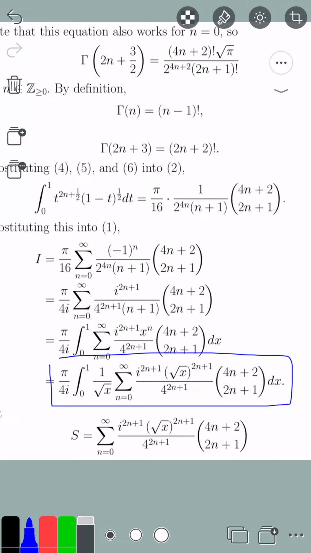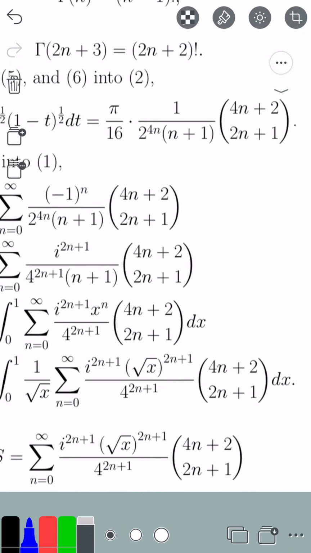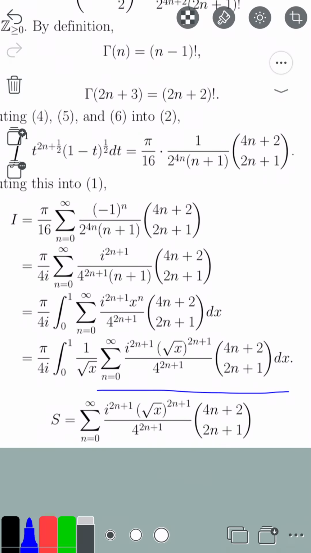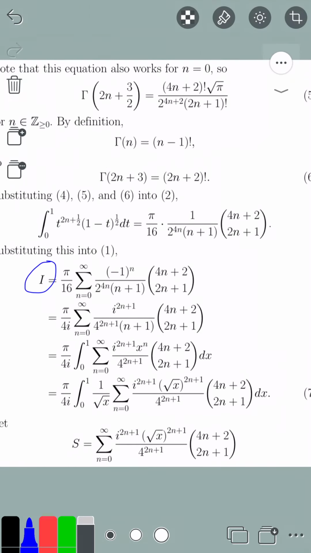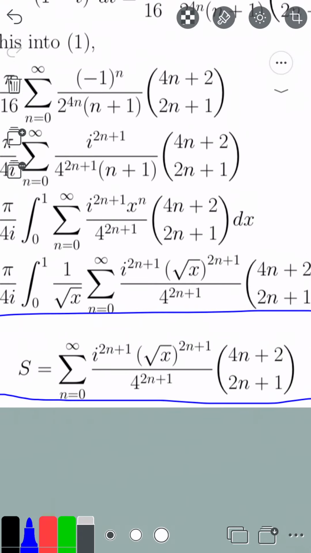The reason why I wanted to have everything to the power of 2n plus 1 is because, let s be equal to this sum that we need to solve in order to solve the integral I. We need to solve this sum first. So let s be equal to this sum. The reason I wanted everything to the power of 2n plus 1 is because they will be odd terms.